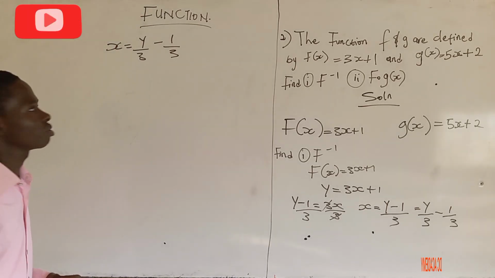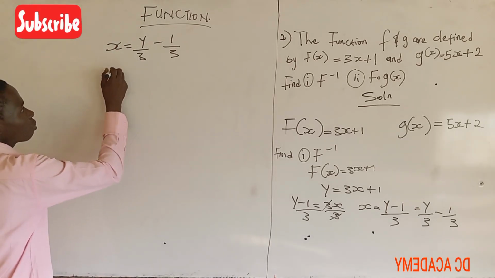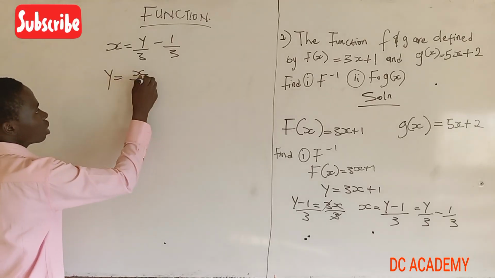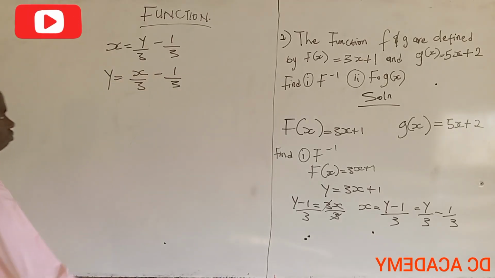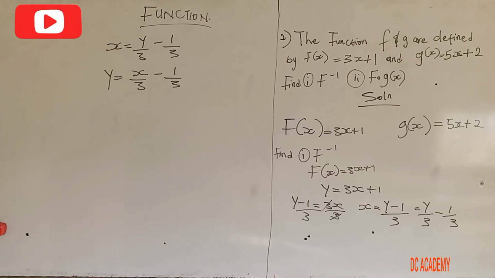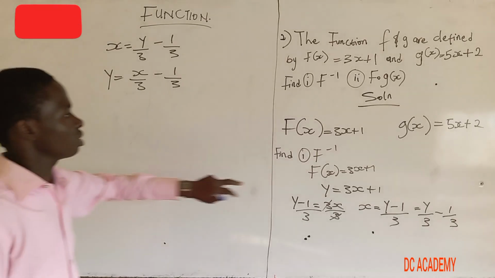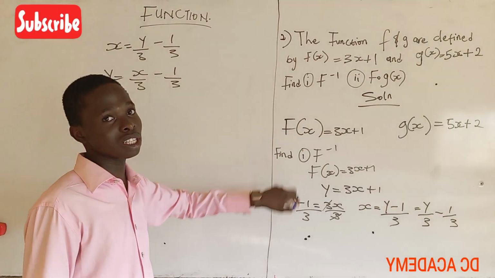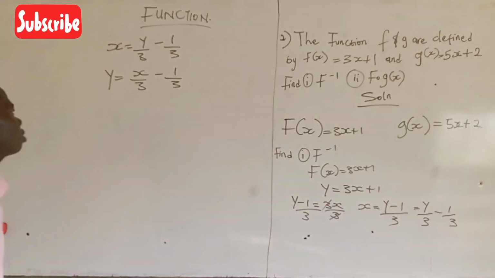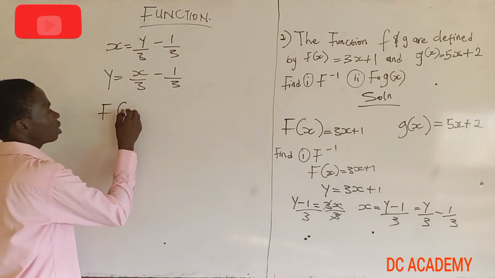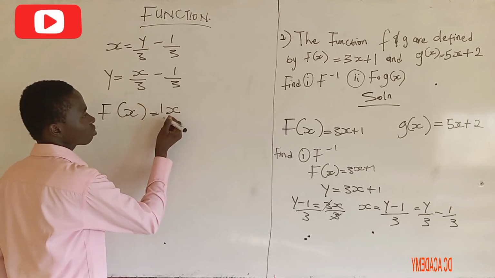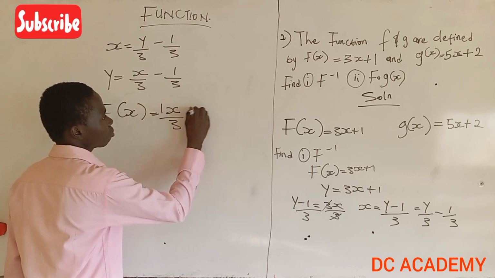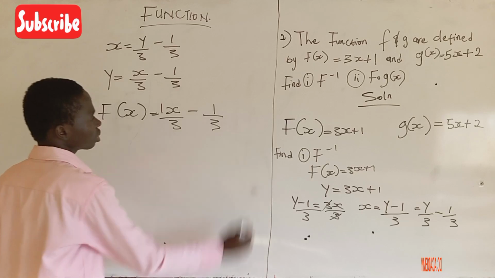When you interchange, you have y equals x over 3 minus 1 over 3. And remember, y was gotten as f of x. You can just say that f of x is equal to x over 3 minus 1 over 3.